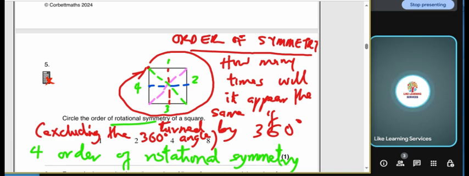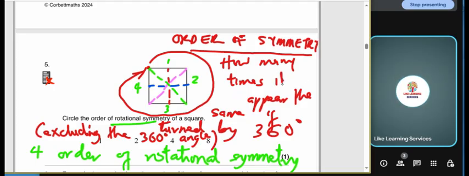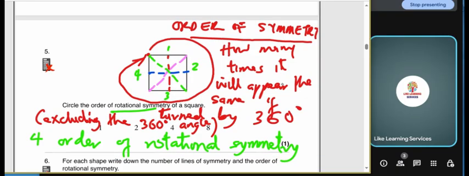Let me adjust this. It will appear the same if turned by 360 degrees, but excludes the 360 degree angle. That's for order of symmetry.